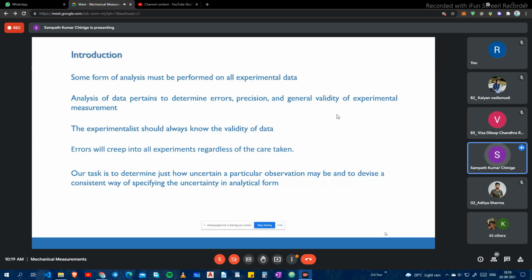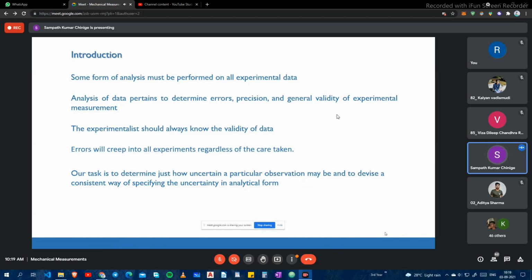You have done an experiment, and if someone builds a similar experimental setup and does the same experiment, whether he will be able to get values very close to yours or not. That is the validation. So the validity of the experimental data also becomes very, very important. How much error we can expect, as an experimentalist, you have to explain.